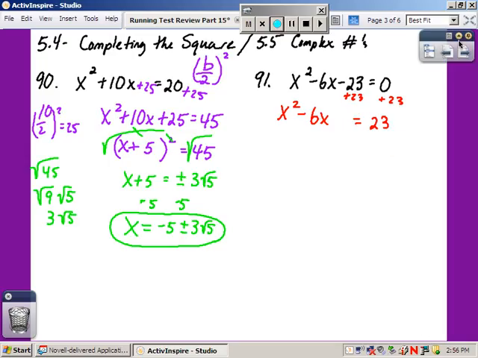Using b over 2 squared again, this is now negative 6 over 2 squared. That's going to be negative 3 squared, which is 9. So I'm going to put a 9 here and here. So I end up with x squared minus 6x plus 9 equals 32.